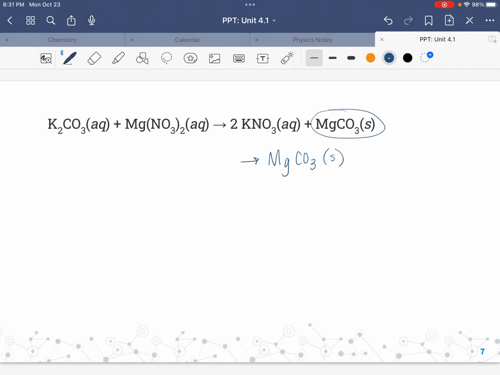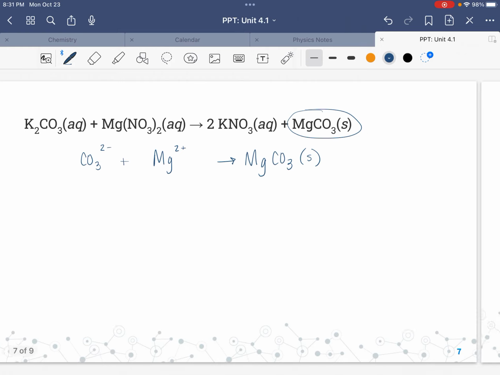So it must have a charge of -2. So my CO3 2-, plus, and then from this salt, I got my magnesium. Again, when I do reverse crisscross, the 2 is going to come back up, so my magnesium is going to be +2 for the net ionic equation.